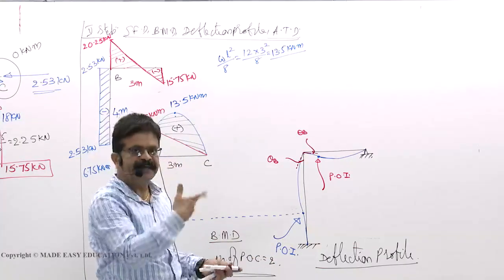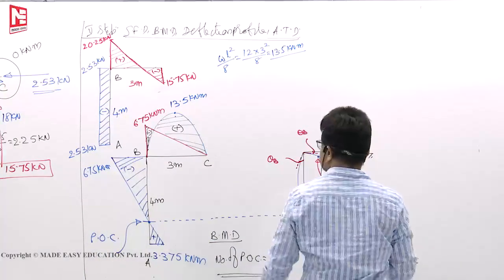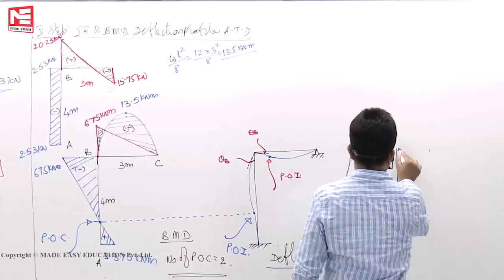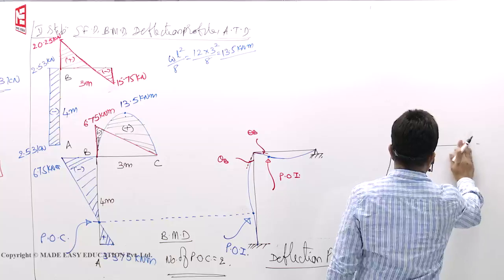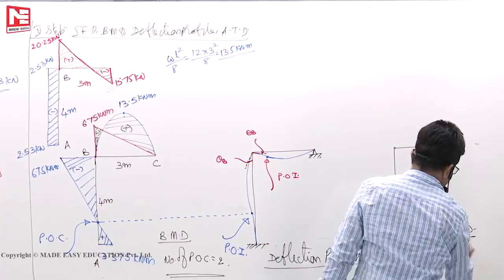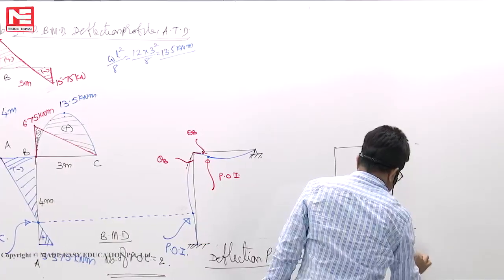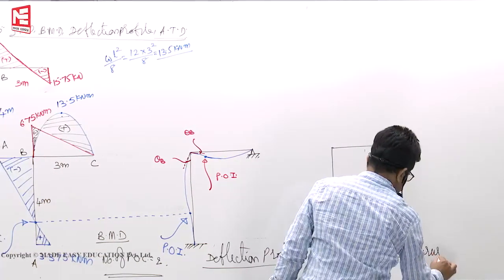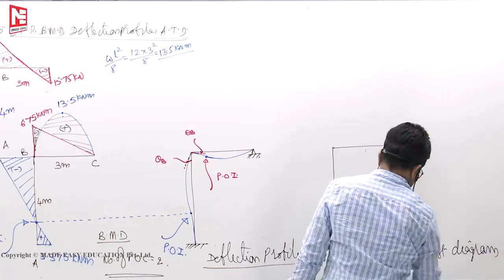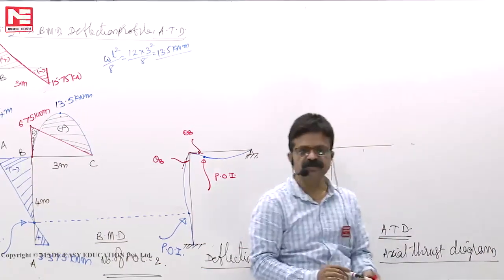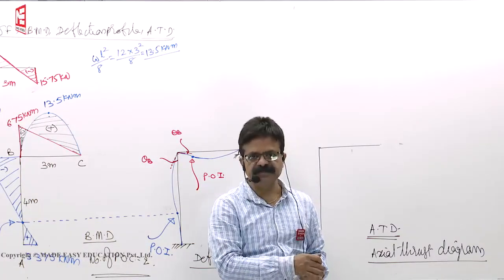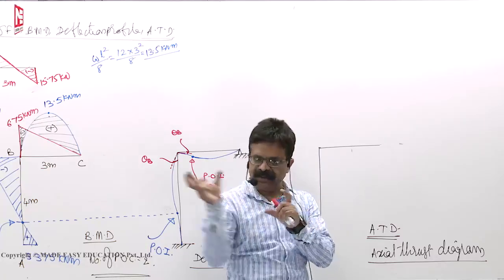Next, the axial thrust diagram. That also sometimes they will ask you. ATD means axial thrust diagram. Even in the axial thrust diagram, in strength of materials you might have already drawn axial thrust diagrams for independent members.